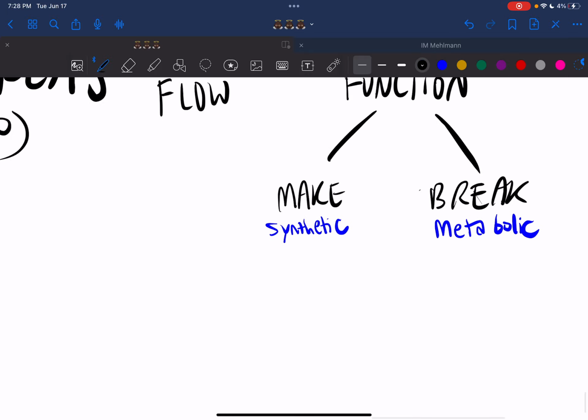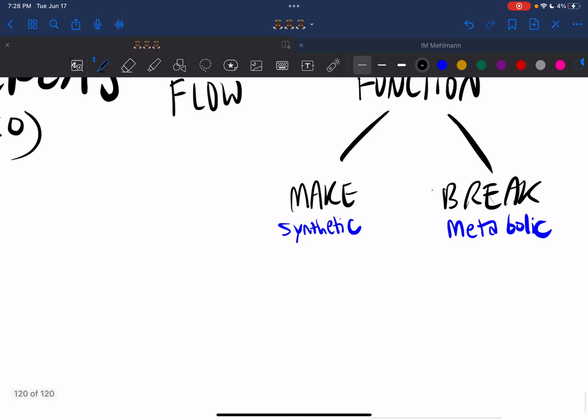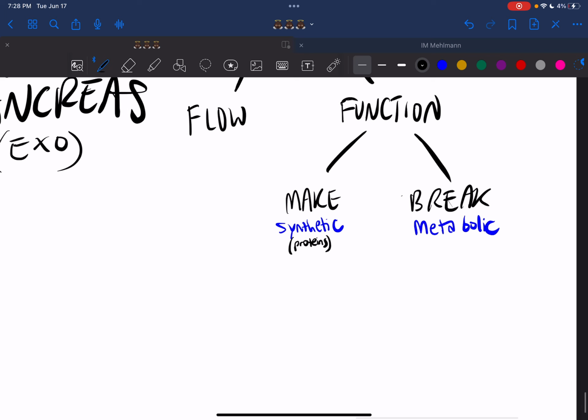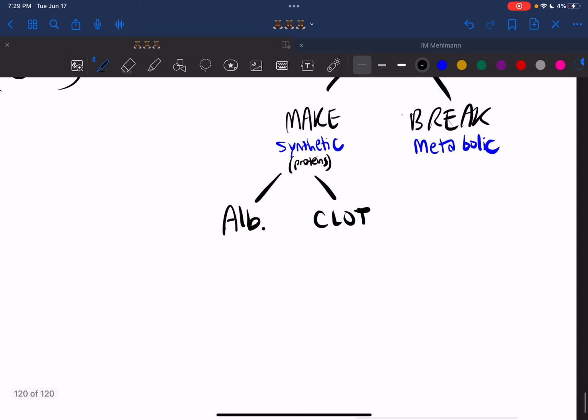So what does the liver make? Proteins. And what are some of those proteins? Albumin is one. Coagulation stuff is one, so clotting stuff. And then you have the coag factors that help you clot.